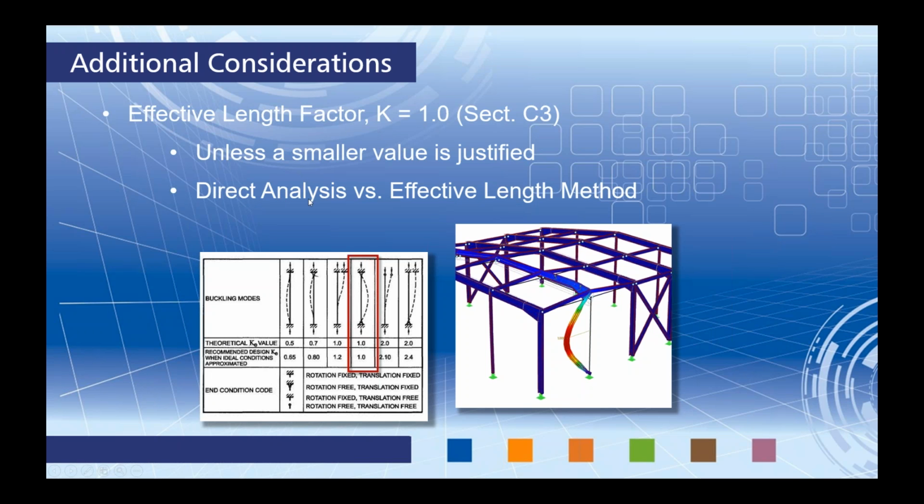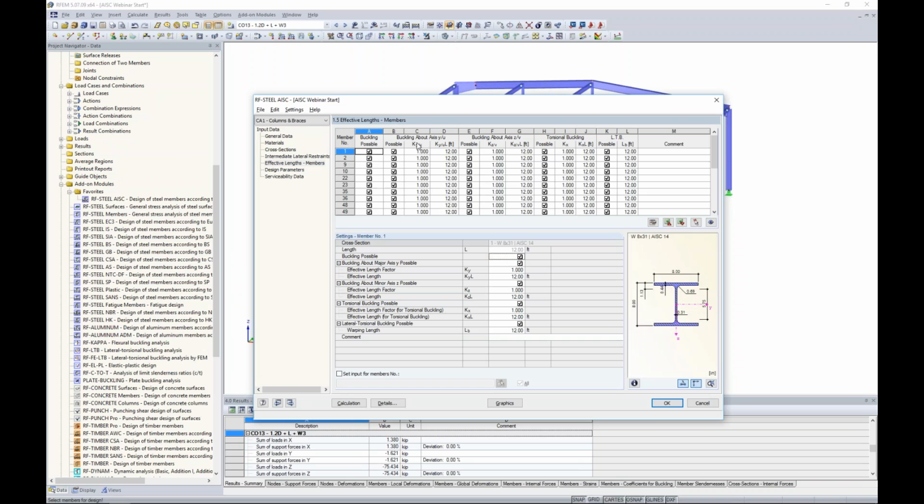With the direct analysis method, we take all of those uncertainties into account with our stiffness modifications. So this is one big advantage of using the direct analysis method: I don't have to worry about my K factors anymore. I can just set them all equal to 1.0. So back in the program, you can see that that is the default. I don't need to touch any of my weak axis, strong axis, or torsional buckling K factors.